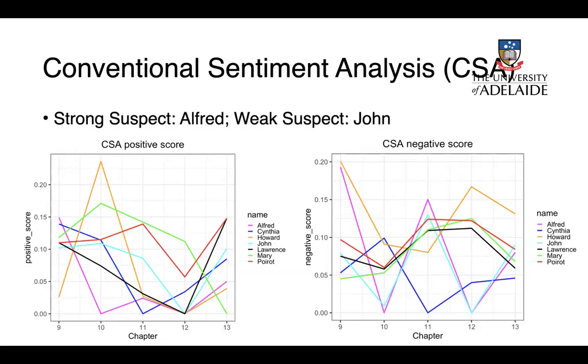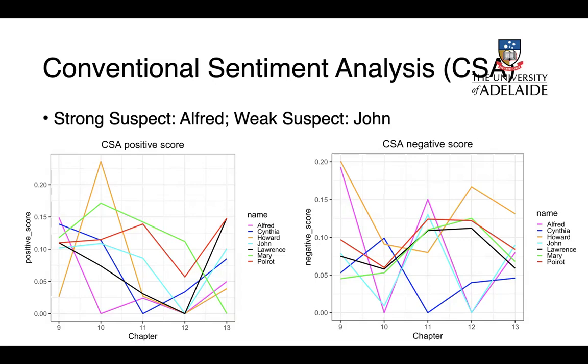These are the positive scores and negative scores for each character in the last 5 chapters. We can look at these two plots. We see that for Alfred, his negative score rises from chapter 12 to chapter 13, while his positive score only rises to a lesser degree.